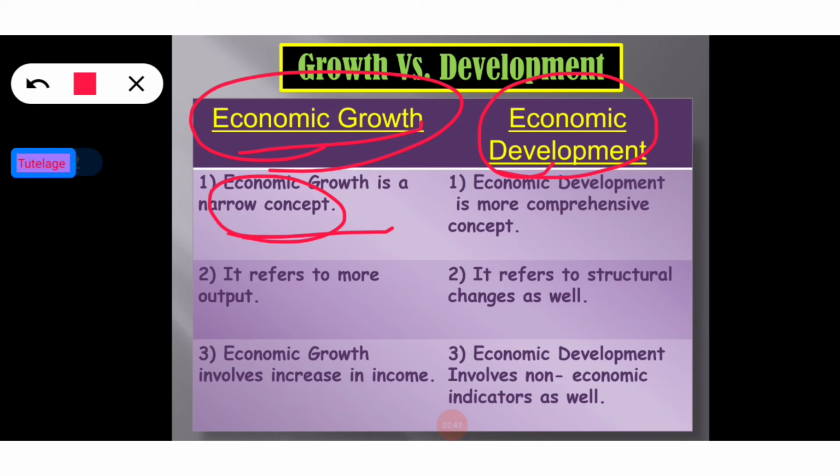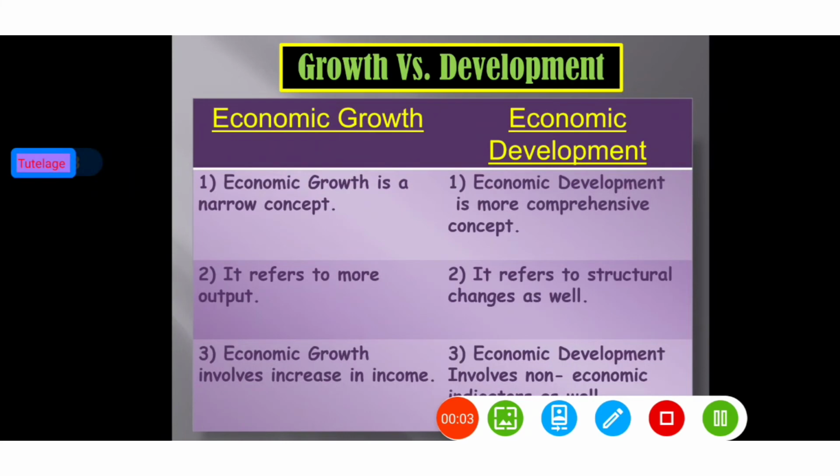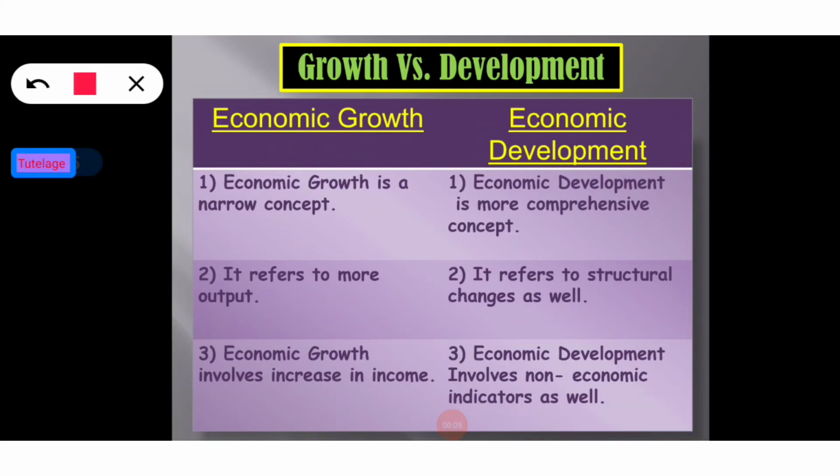Now going to the second point, economic growth refers to more output, while economic development implies both more output and changes in the socio-economic structure of the economy, that means the structural changes.